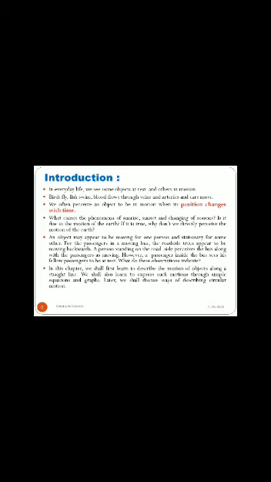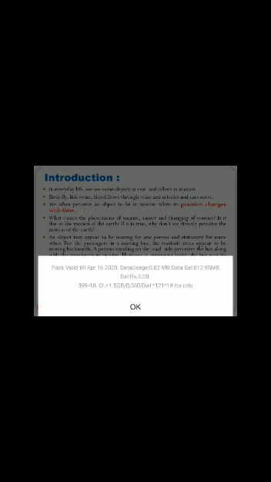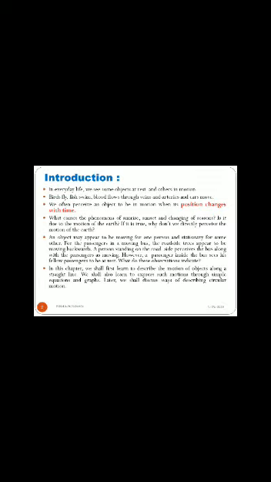An object may appear to be moving for one person and stationary for another. Why is that? For the passenger in a moving bus, the roadside trees appear to be moving backward, but for the person standing outside the bus, the roadside trees remain stationary.